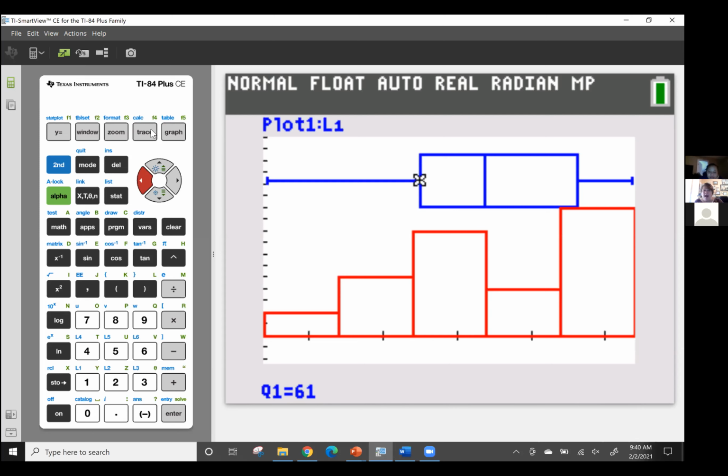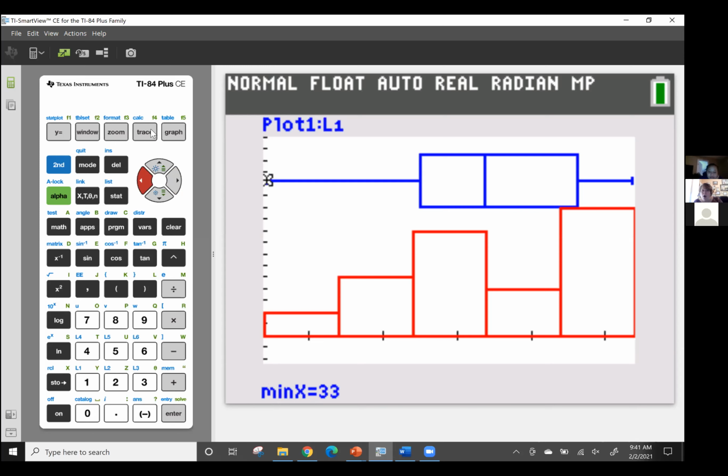So I have a full quarter of my data below 61. Okay. And then I can arrow back to the right. Now let's go back over here. So you can see that the first quartile is at 61, but the minimum is at 33. So the first quarter of your data, the range is from 33 to 61, which is pretty big.